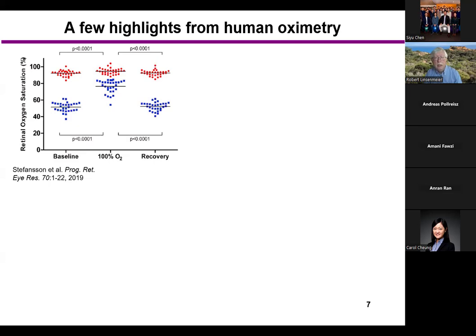Now, this could mean that the retina is actually using less oxygen when a person is breathing 100% oxygen, but that's probably not true. It's extracting less from the retinal circulation, but metabolism, as far as we know, is very much the same. So that kind of illustrates the possible confusions that you could have with oximetry.